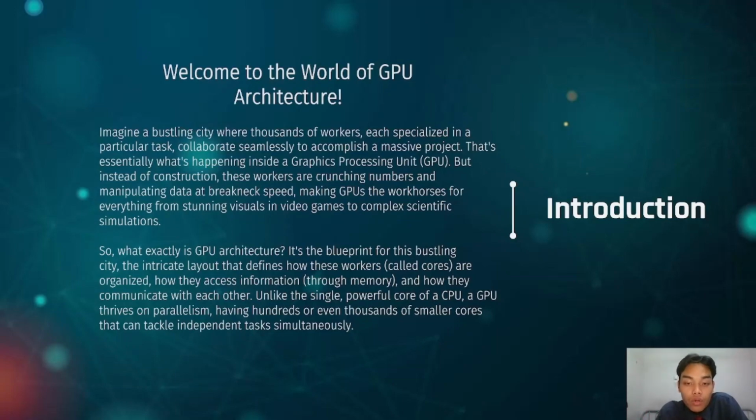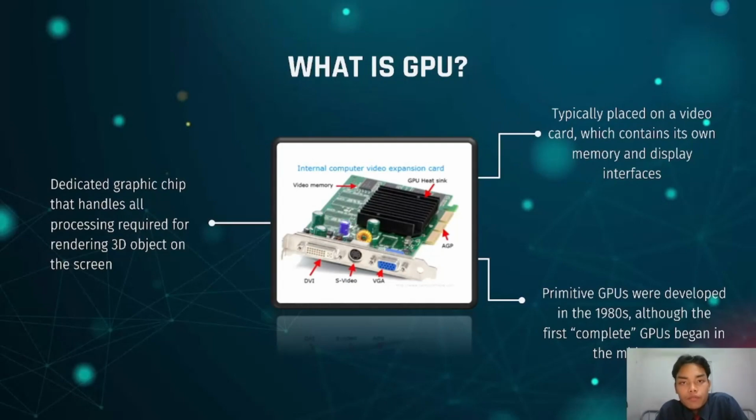Unlike the single powerful core of a CPU, a GPU thrives on parallelism, having hundreds or even thousands of smaller cores that can tackle independent tasks simultaneously. Moving to the next slide.